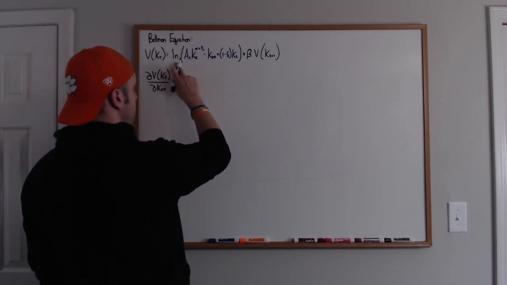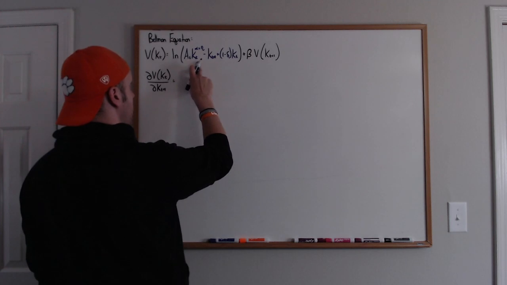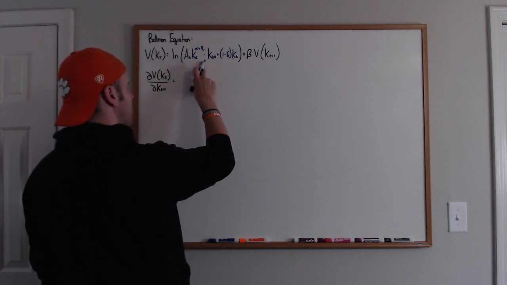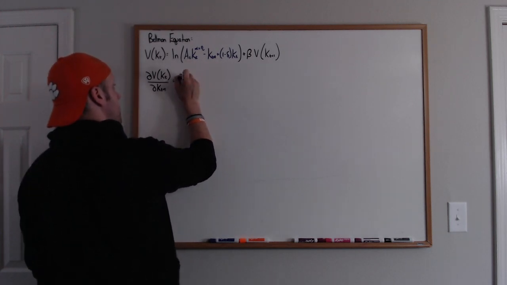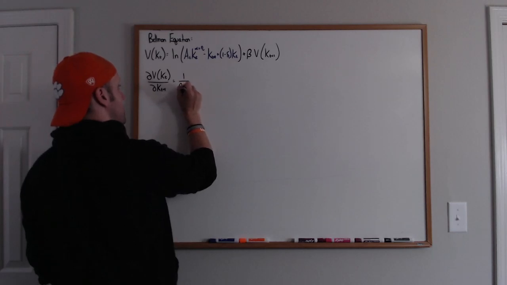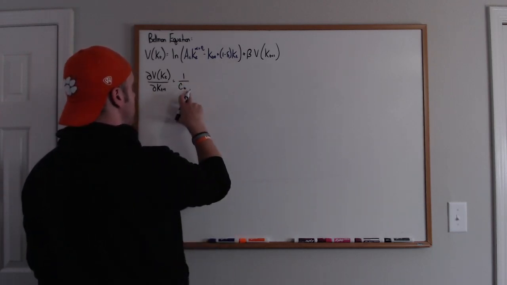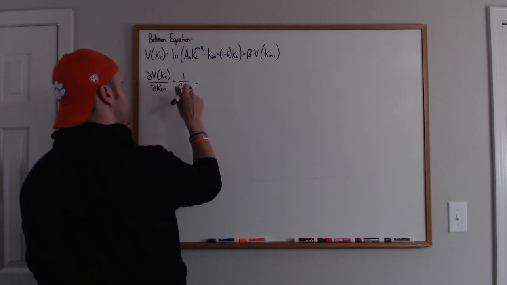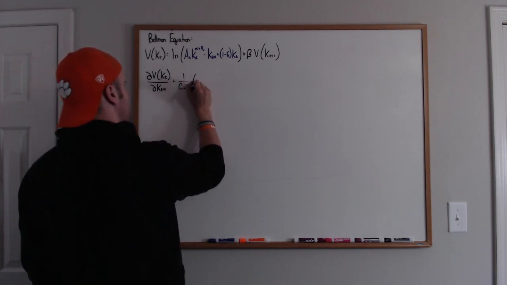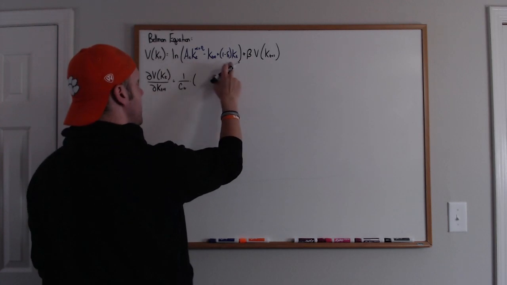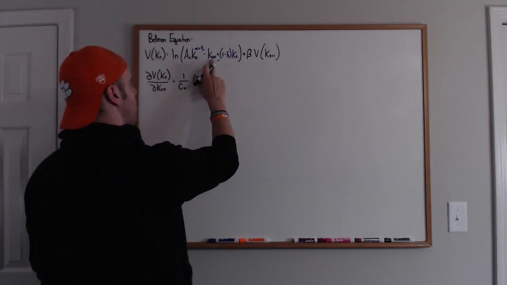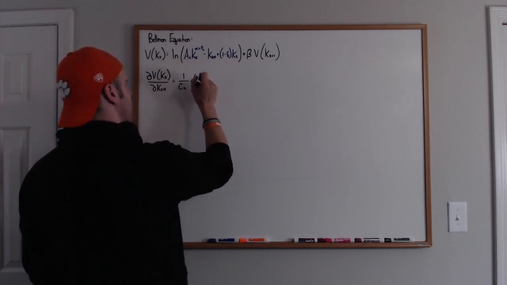So the derivative of the natural log of this stuff is 1 over this stuff, but this is also equal to c, right? So the first part is just 1 over ct. Now I need the derivative of the inside. This is the derivative of the outside. I've got to multiply it by the derivative of the inside. So what's the derivative of the inside of this with respect to kt plus 1? Well, it's just -1.